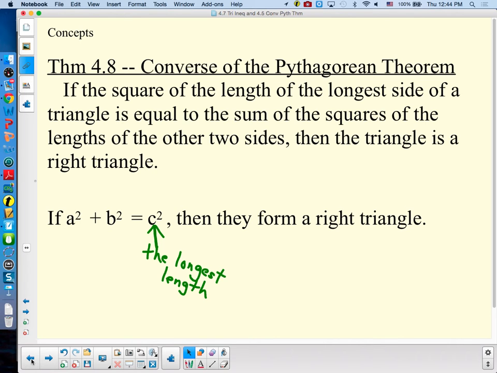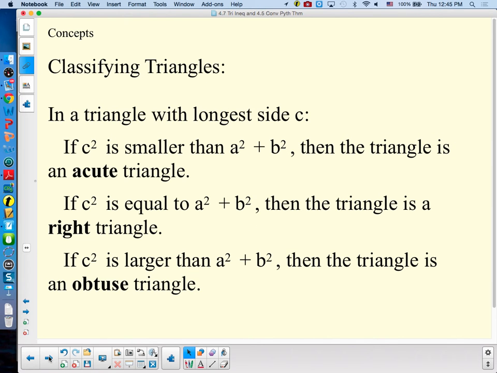So then just the reverse will happen if, okay, we've got our right angle, this was 10, if I make this only 9. It's going to have to close in some, so it's going to be an acute triangle. So that's what my next screen is about. Okay, so in a triangle with the longest side of C, if C squared is smaller than A squared plus B squared, it's going to form an acute triangle.